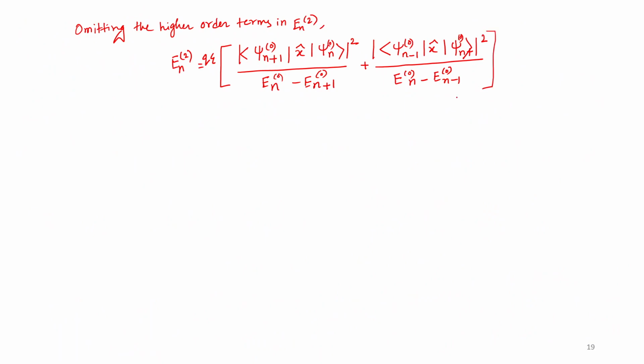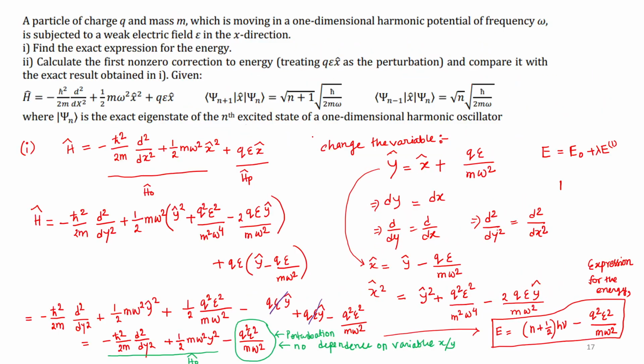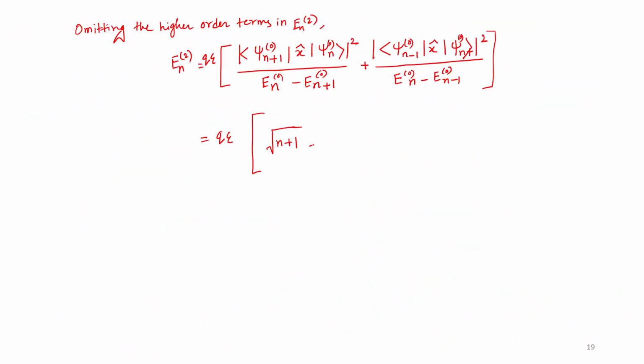So the first one is root over n plus 1 times h cut by 2m omega.